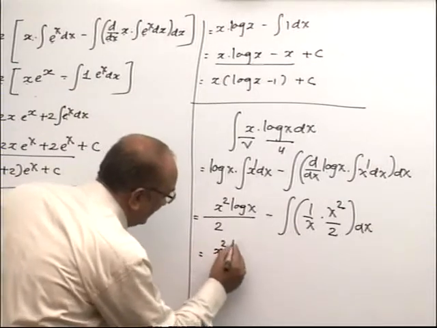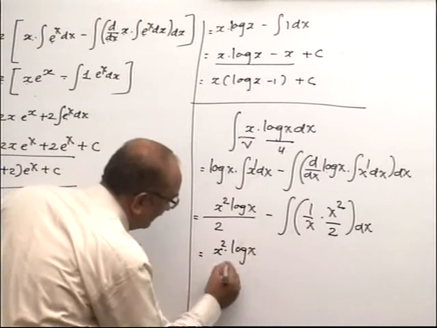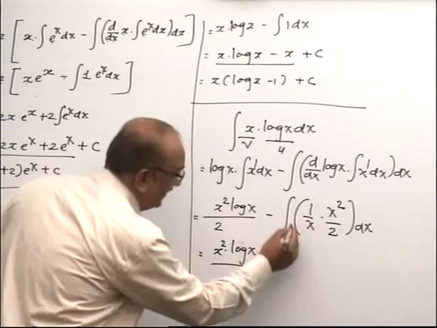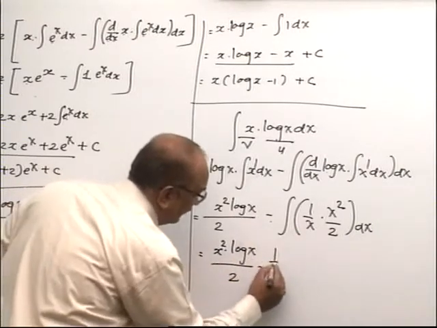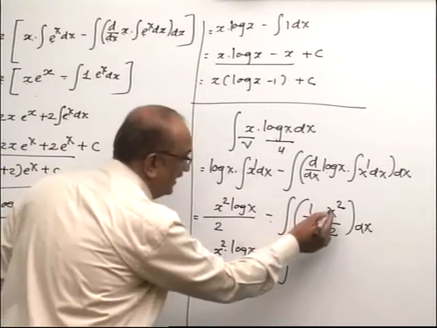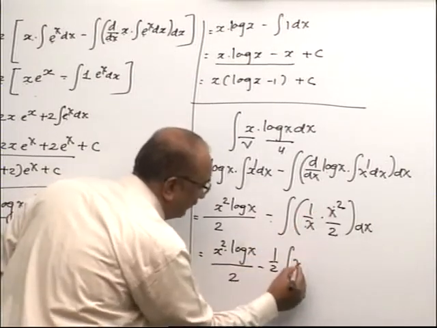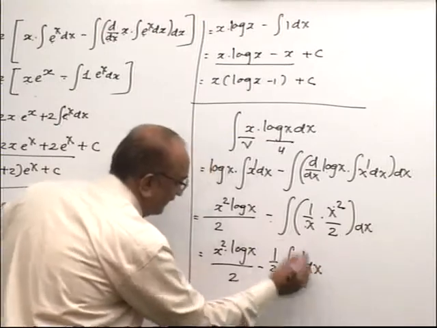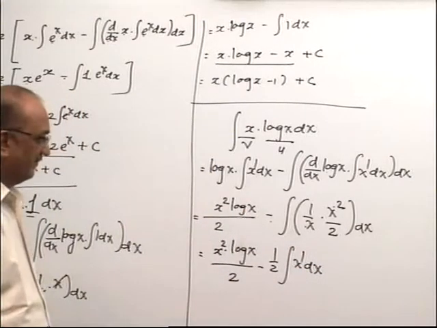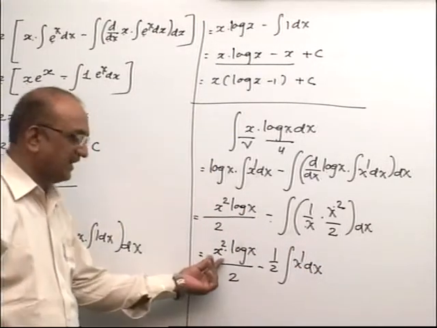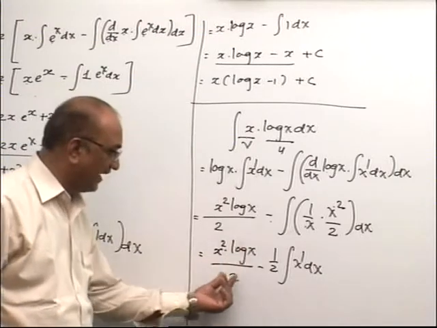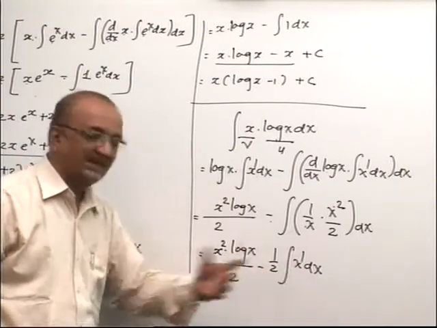Equal to x square into log x upon 2. Here 1 upon 2 is a constant term, take it outside. x square upon x is x raised to 1 dx again. So x square into log x by 2 minus 1 upon 2 into x raised to 1 dx.